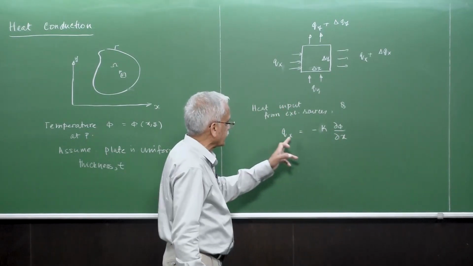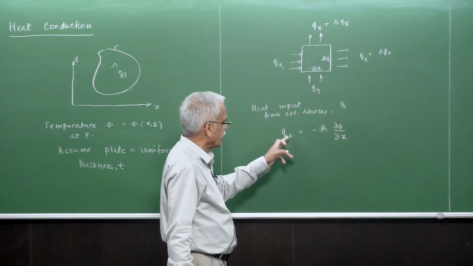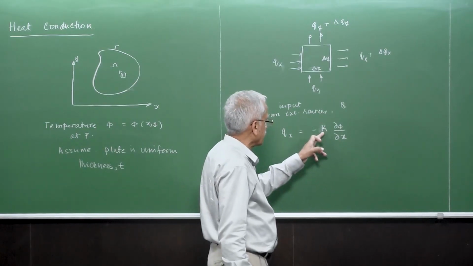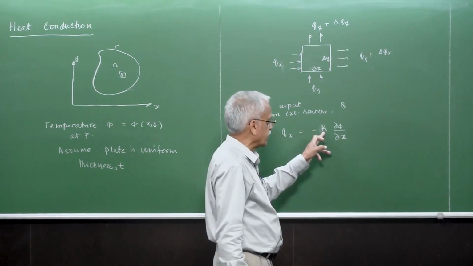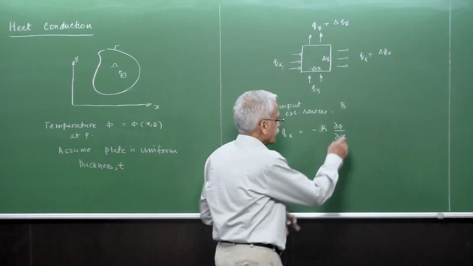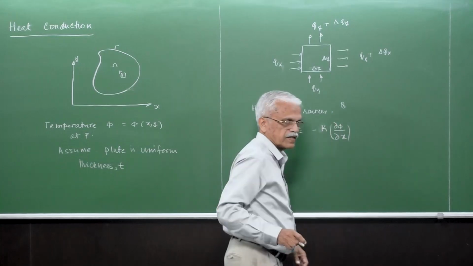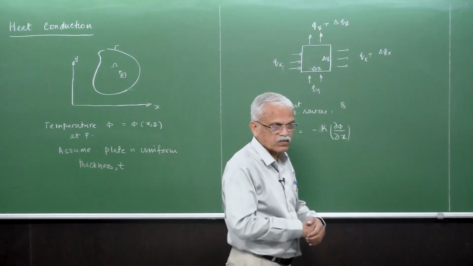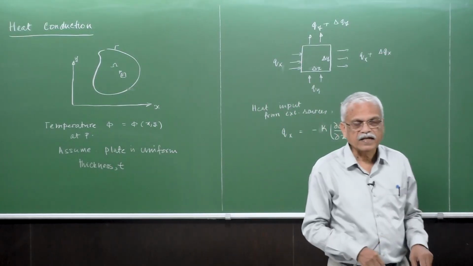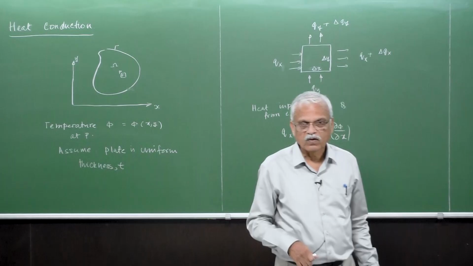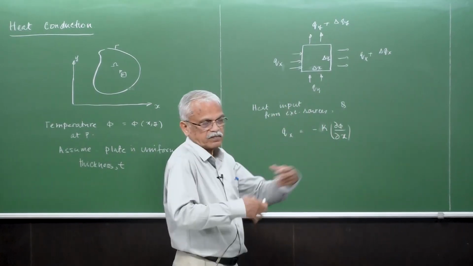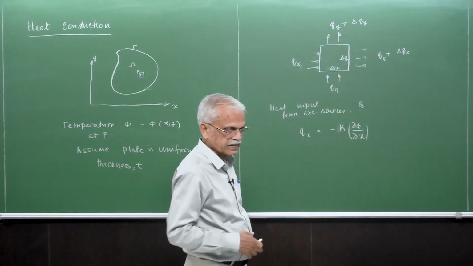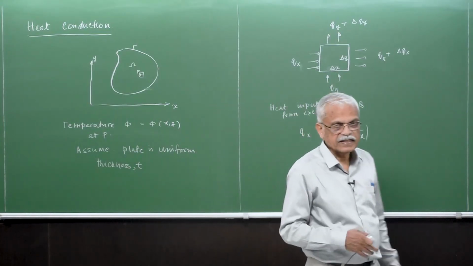So what it means is that the heat flow rate depends upon the conductivity of the material, and this rate of temperature, the derivative of the temperature in the x direction. The negative sign is because heat flows in the negative direction of the slope of the temperature. That means it goes in the opposite direction of the temperature gradient.